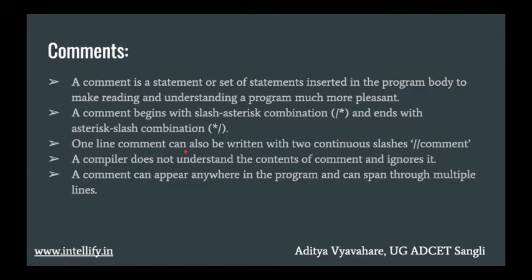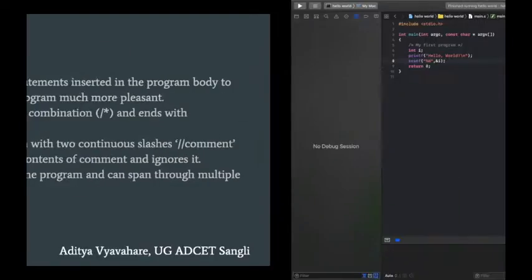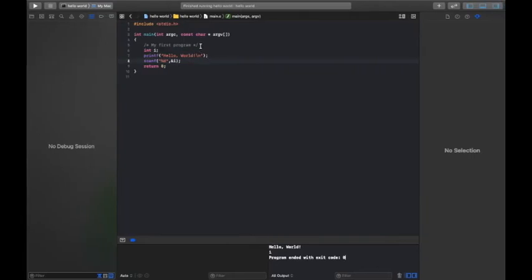A one line comment can also be written with two continuous slashes. Like if I want to write this one line comment with two slashes, I'll simply remove the asterisk and slash and add two slashes. See, my first C program. This is also a comment, and this is also a comment.